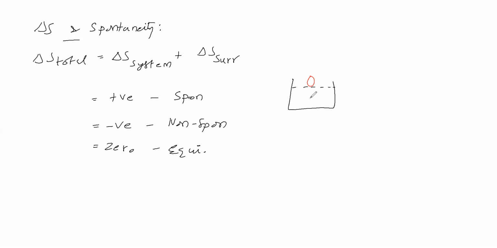Yes or no? So what happens to the randomness in this process? Randomness goes on rising or not? Is this process spontaneous or not? This process is spontaneous. The ink is distributing continuously throughout the water.